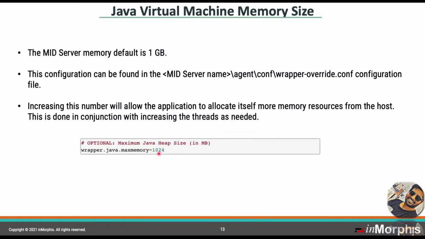Because once you have more threads, you require more memory, so you have to increase it. But a single MID Server should not go beyond 200 threads. In the case of 200 threads, the maximum memory you should go up to is 4 GB, that is 4000.